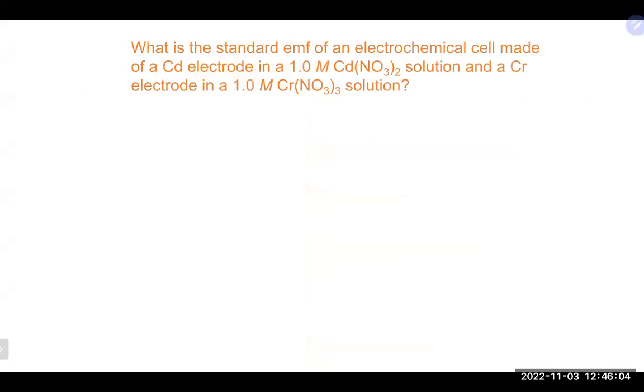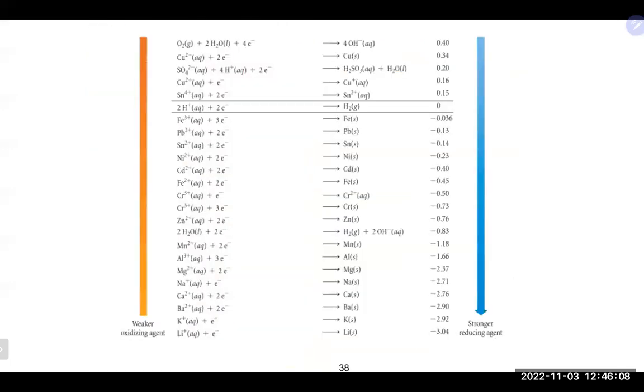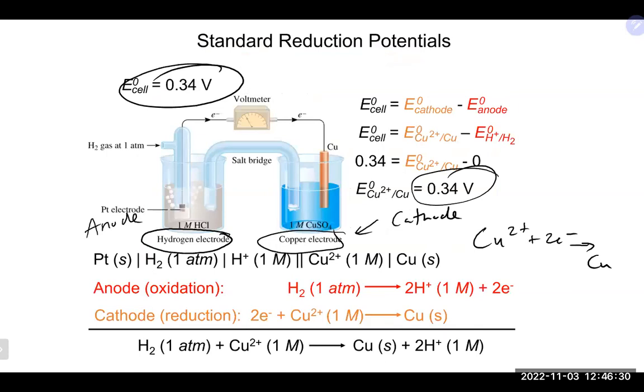So let's go back to my wonderful talk about this; it might make sense in a second. Let's take our classic one. We'll take this, which is the copper.